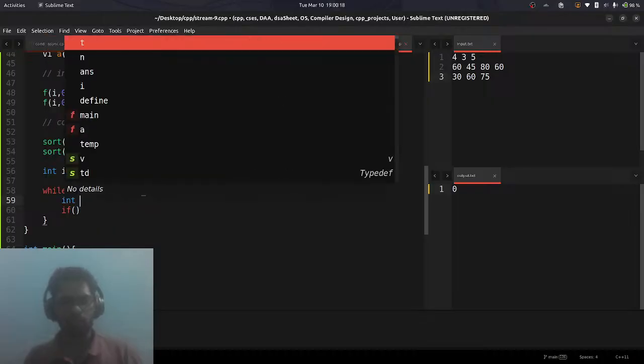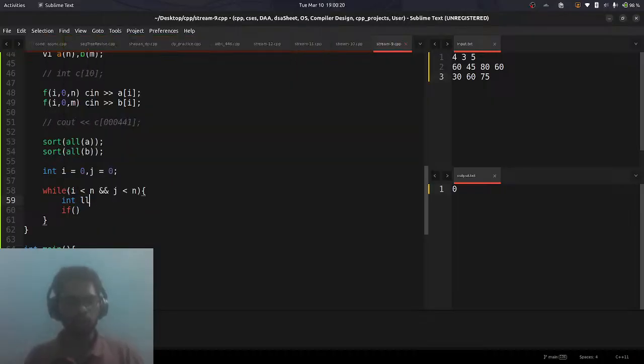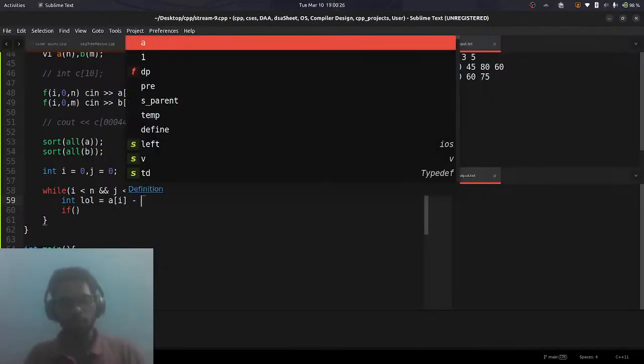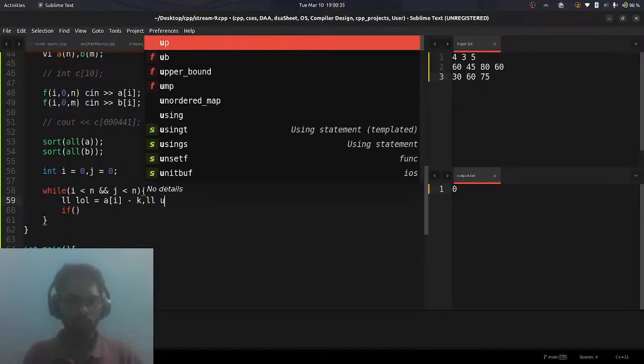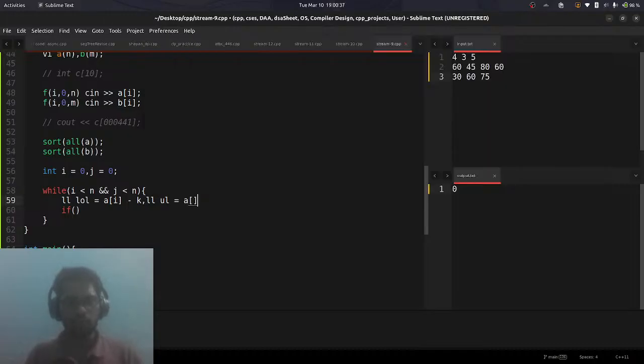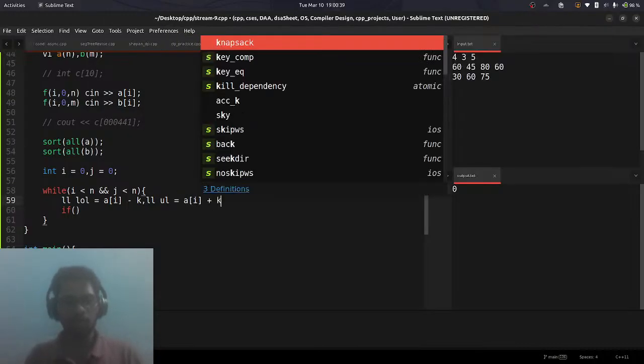I have the lower limit, which is A[i] minus k. I have the upper limit, which is A[i] plus k.